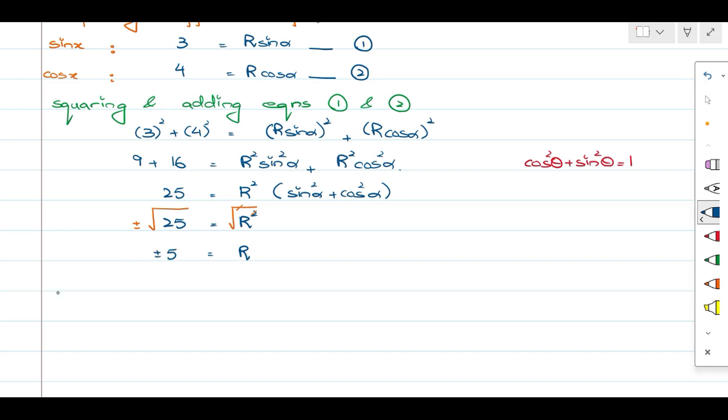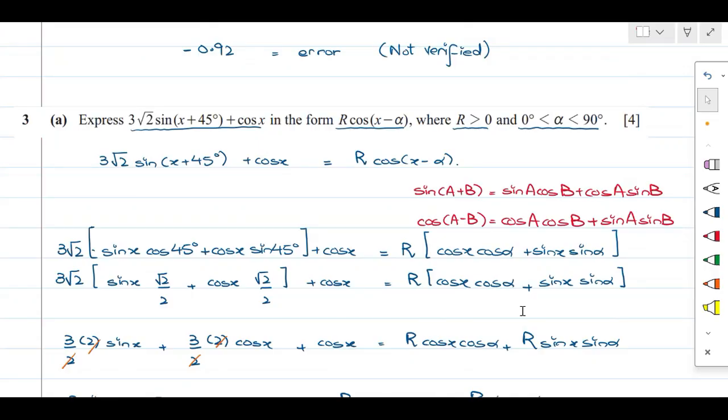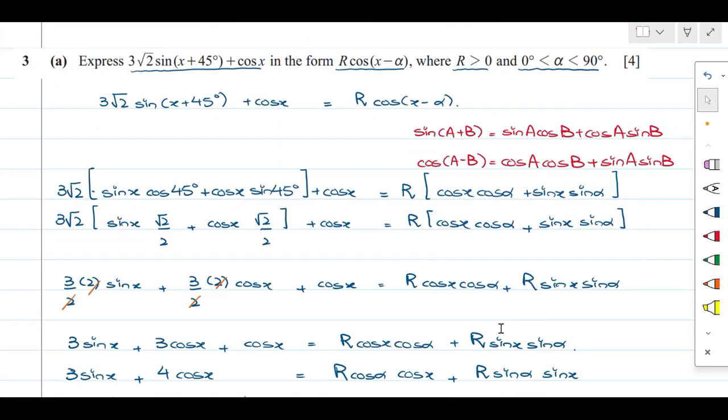Now the r value is plus minus 5. Now in the question it is given that r should be greater than 0, this implies the value of r is 5. That is why we pick r equal to 5, right?